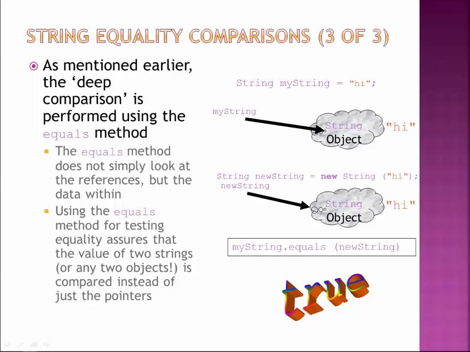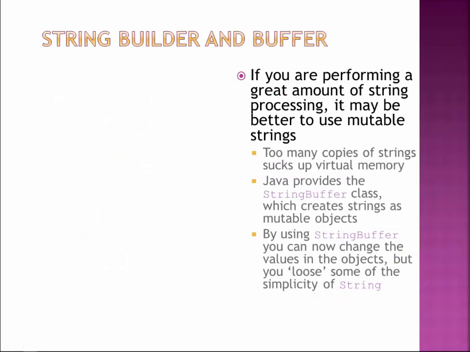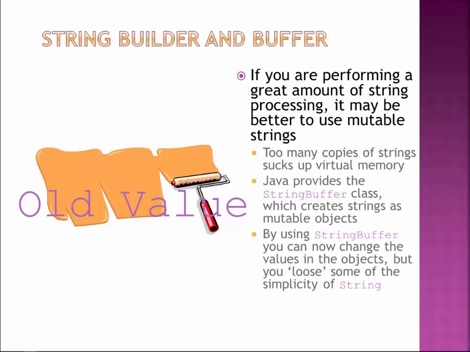Now, let's say for some reason you want to deal with strings that are mutable, that you can change. Well, there's this thing called a StringBuilder and a StringBuffer. There are two different classes out there that allow you to take the old value and write over that old value with a new value. And that's okay. You can do that inside of the StringBuilder and StringBuffer classes.